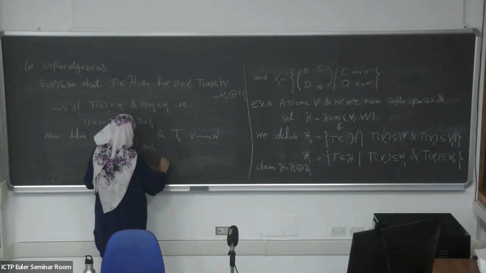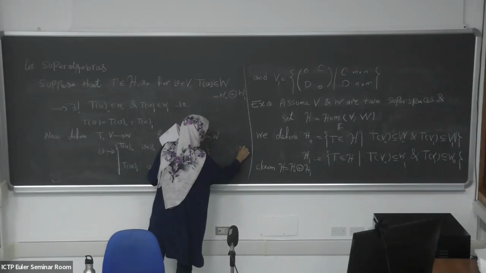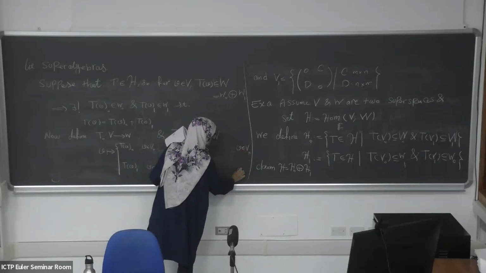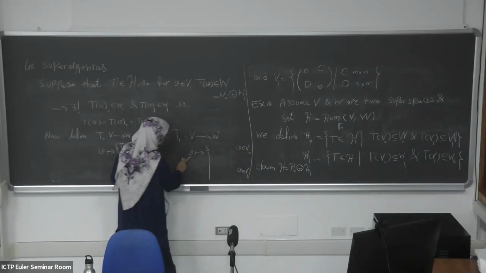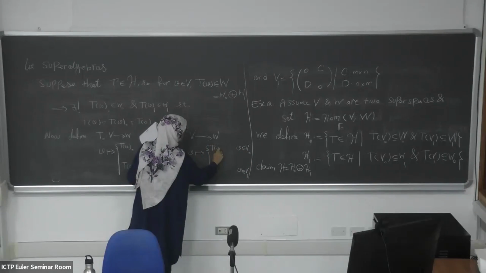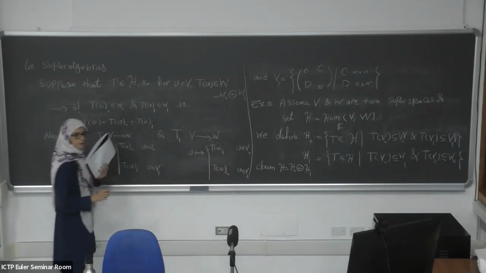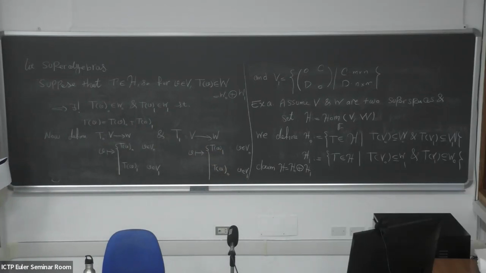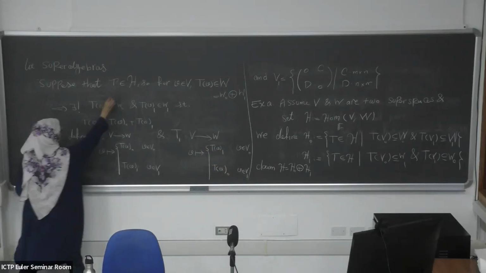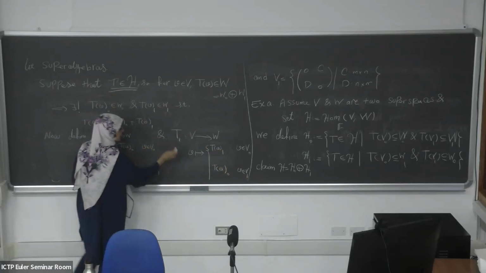And for T1, I take an element of V, and again, depending on whether v is an element of V0 or V1, if v is an element of V0, I map v to Tv1, and if v is an element of V1, I map it to Tv0. Okay, and I claim that this T is exactly the summation of this T0 and this T1.